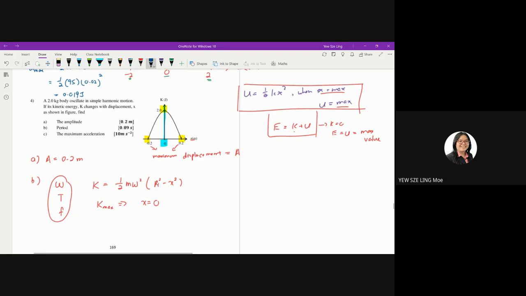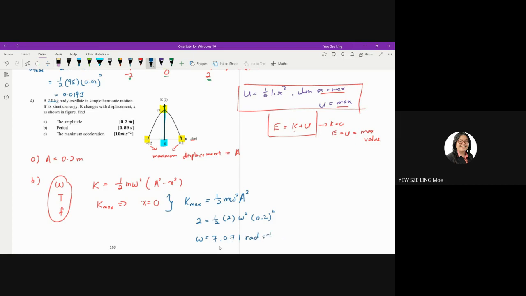Therefore, the equation can be simplified into K max equals 1 over 2 m omega square a square. According to the graph, maximum K is 2 joule. So 2 equals 1 over 2 times m, which according to the question is 2 kg, times omega square, times A, which is 0.2, squared. Rearranging the equation, we obtain omega equals 7.071 radian per second.